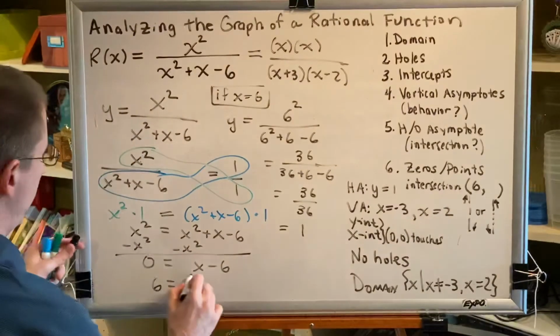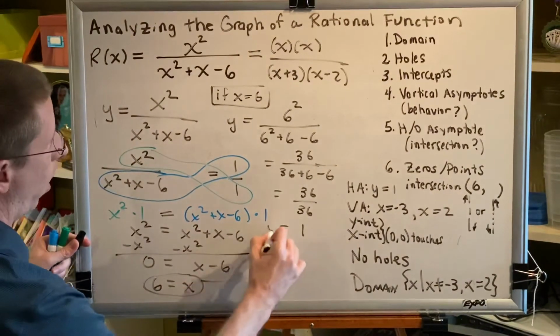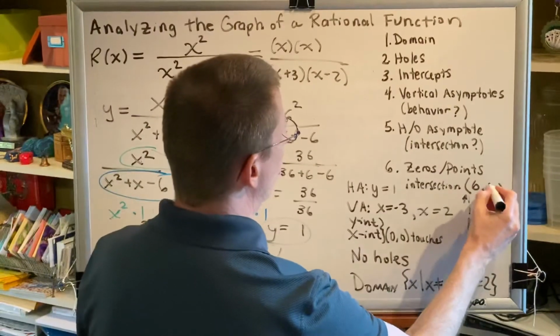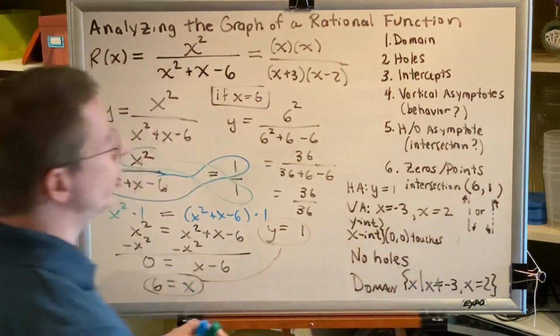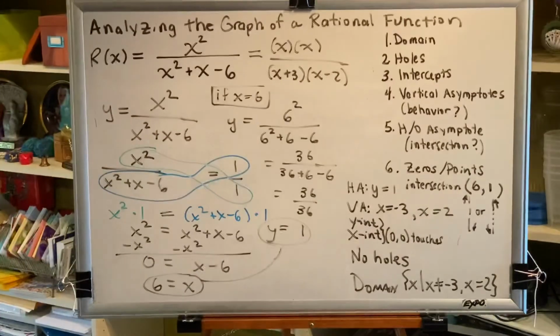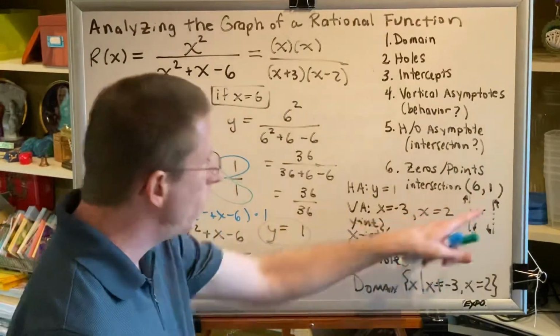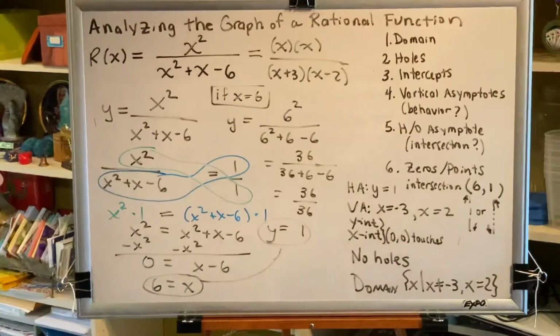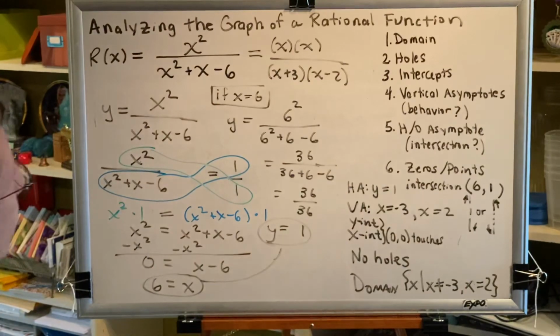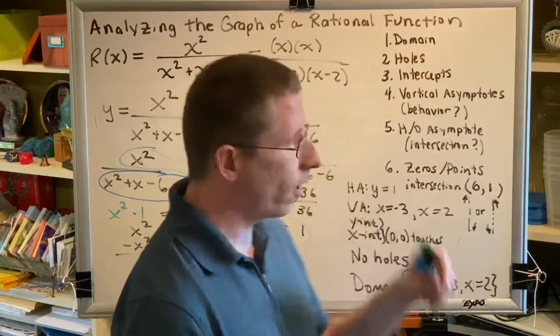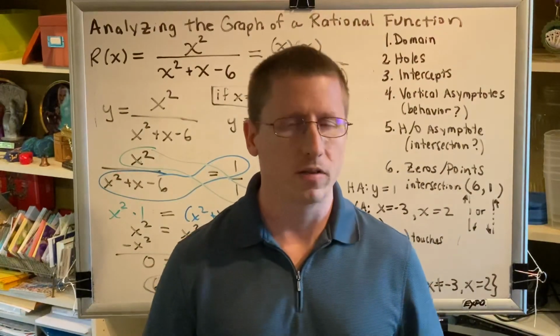So when x equals 6, y equals 1, and we have now found the location where our curve will intersect the horizontal asymptote. And there's only one location, which means this is the only point where our curve can intersect the horizontal asymptote. All right, we will continue on with our next part, which is part 6, in our next video.